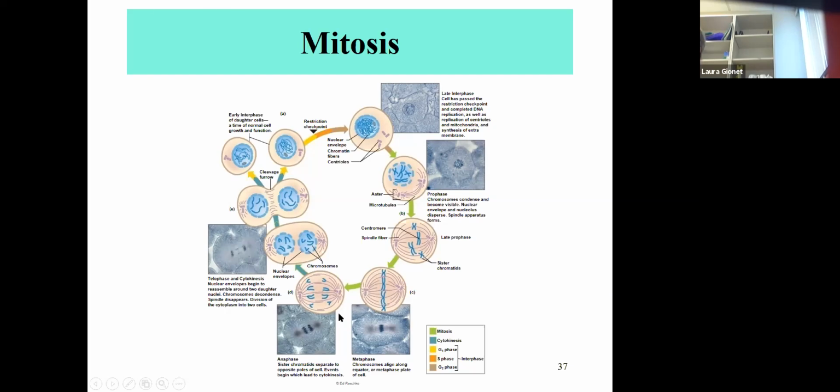So we can also see them here in these pictures, starting up at about 1 o'clock, where we have a late interphase. In late interphase, you can see the nuclear membrane still exists around the nucleus.